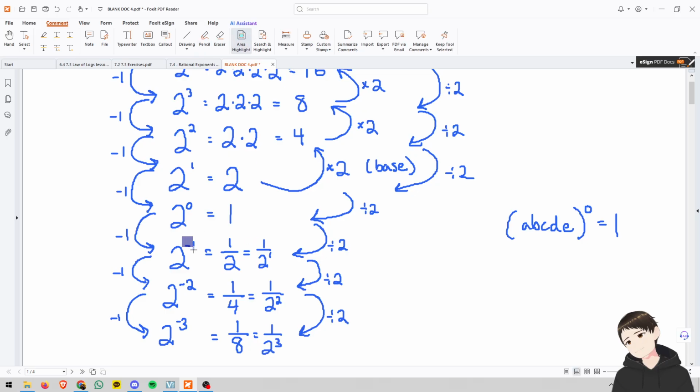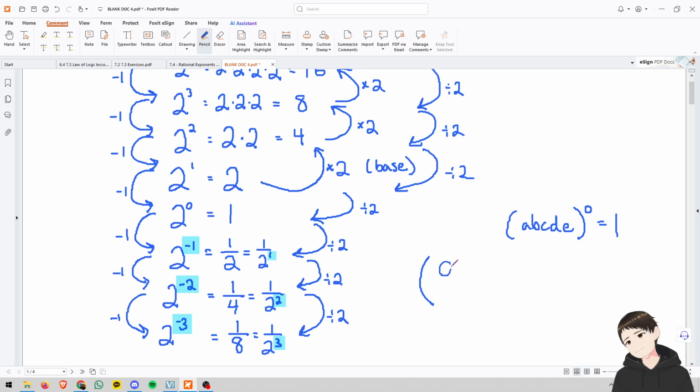Long story short, here's the shortcut, because no one's got time to write all this every single time we have a negative exponent. When you have a negative exponent, all you have to do to resolve this is to get rid of the negative and write the base as its reciprocal. Let me explain.